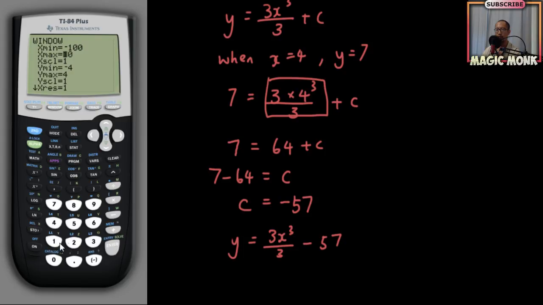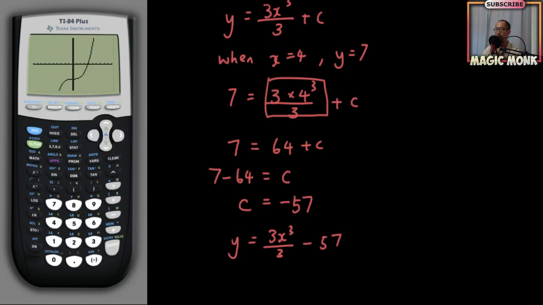Oops, x is probably a bit too wide, so negative 10 to 10 still for x. Okay, so we can see the graph.